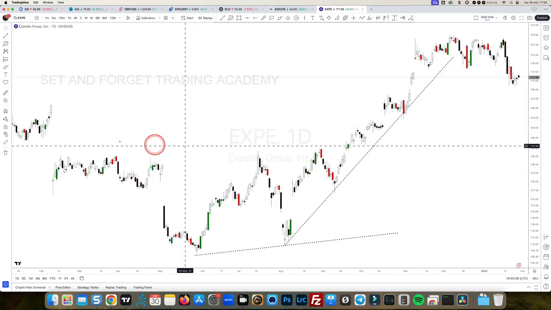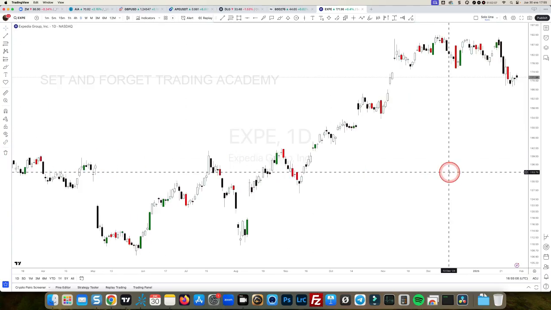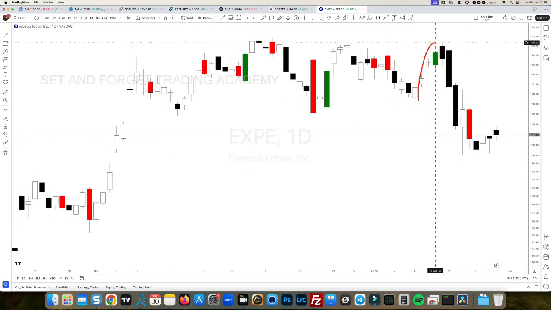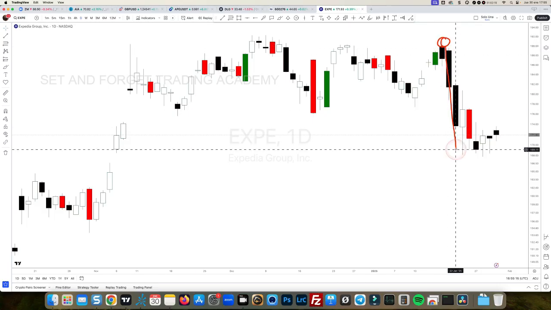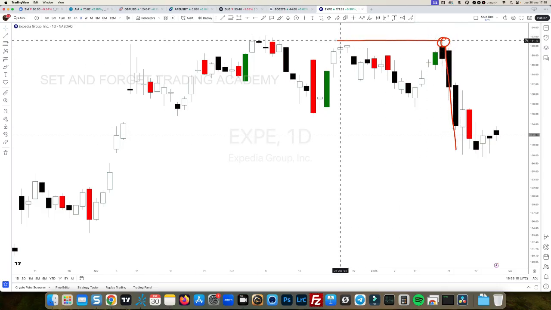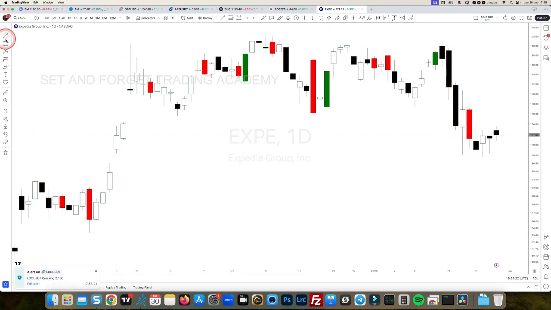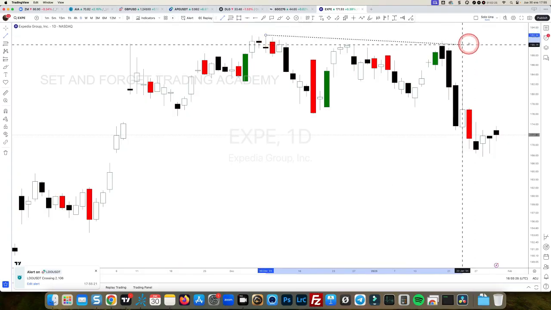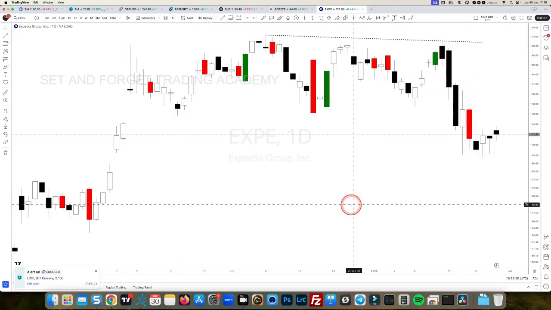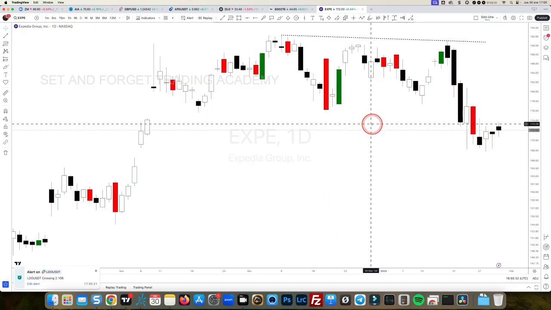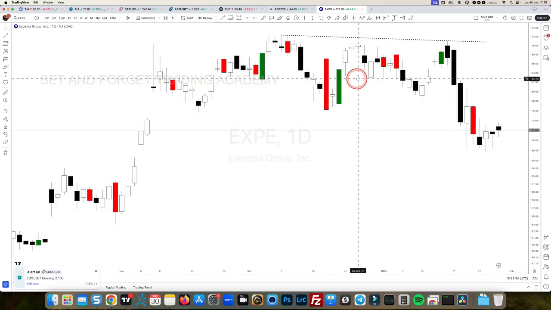So we delete this one, and we can see a clear peak over there that printed this low. We go left, and we've got another peak. So the latest trend line would be something like this. That's what we have on the daily as per the bearish trend line.